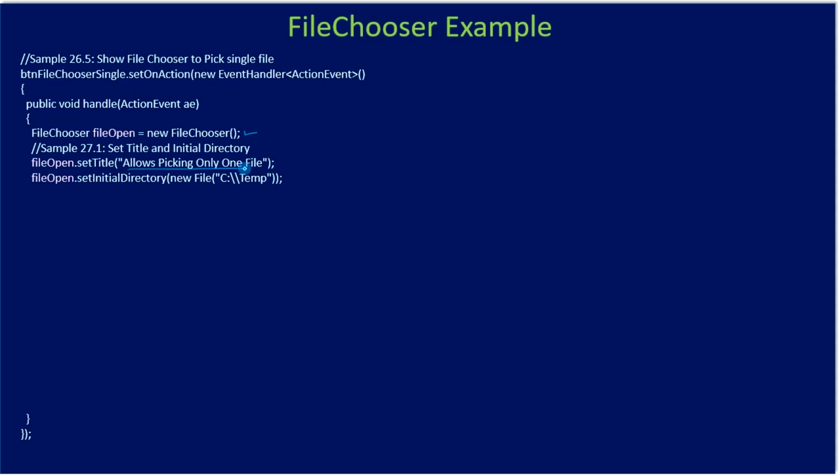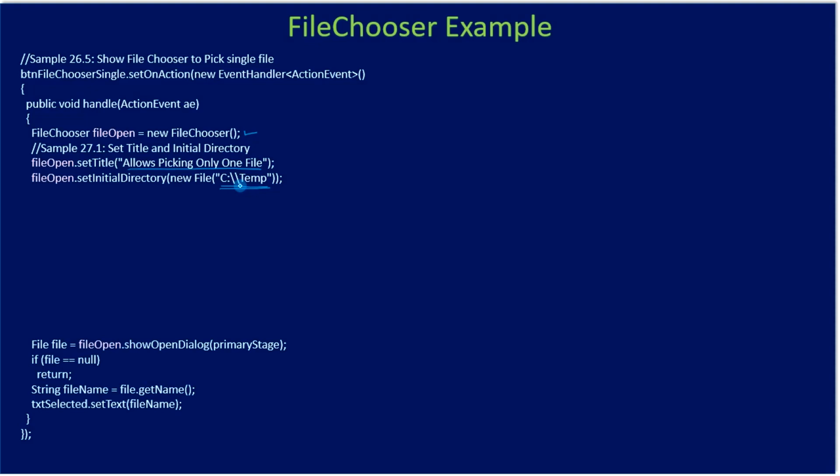So when the open file dialog is displayed, it will show the title allows picking only one file. We set the initial directory also, C drive temp. So when the dialog is opened, it will default to the C temp directory. This stuff we already saw.